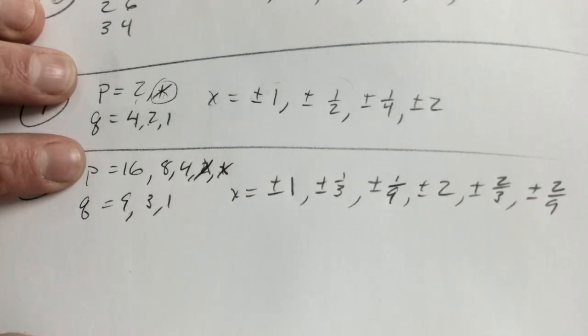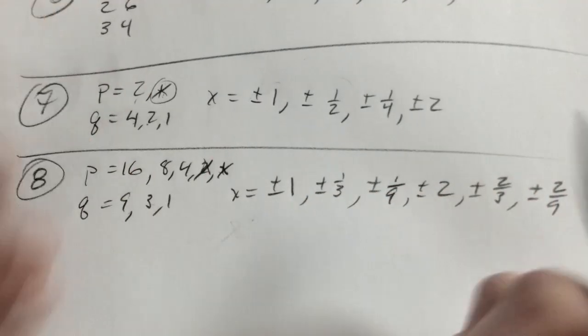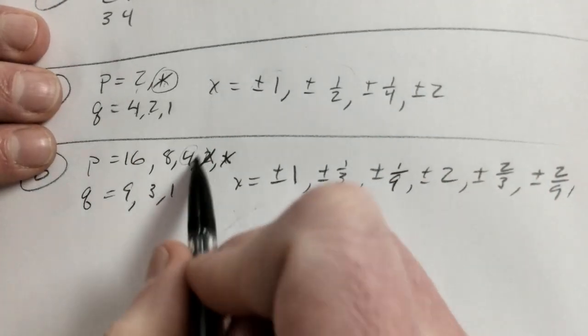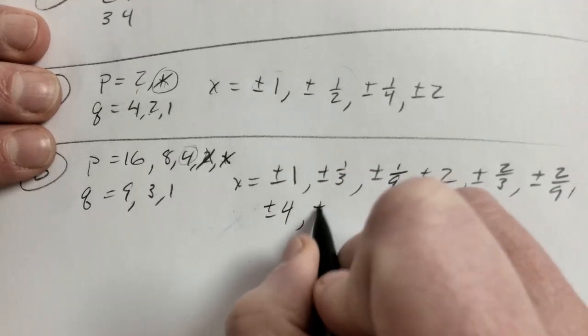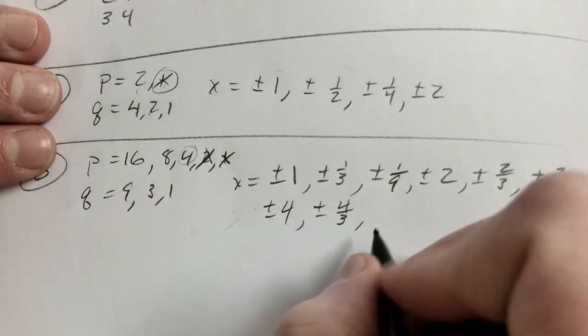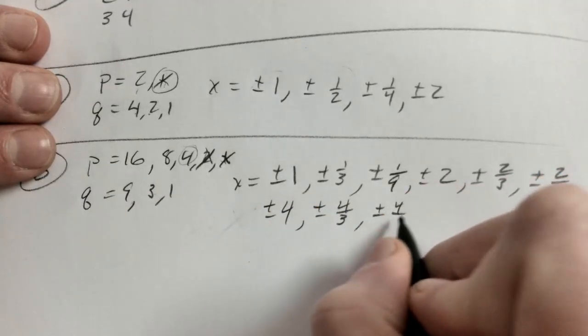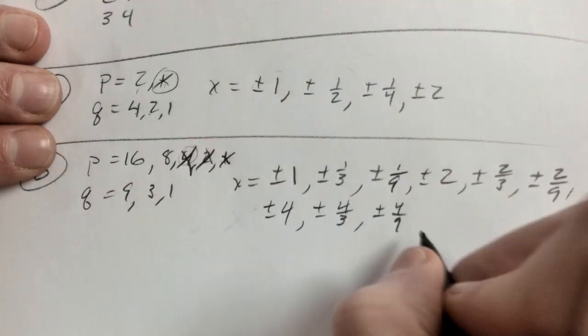Done with the 2. Sorry. We're going to keep going. Now we go to 4. Plus or minus 4 divided by 1, which is just 4. Plus or minus 4 divided by 3. I don't have that yet. And plus or minus 4 over 9. I'm done with the 4. Now we go to the 8.